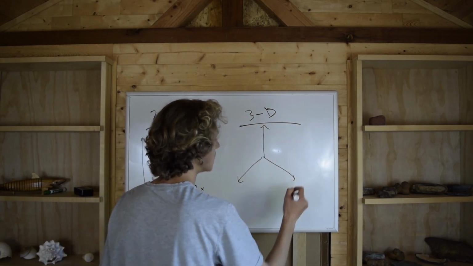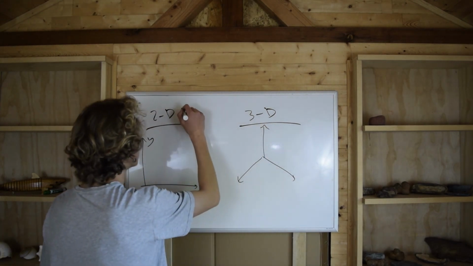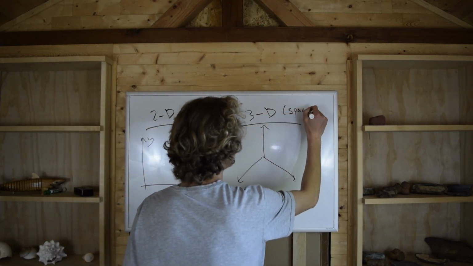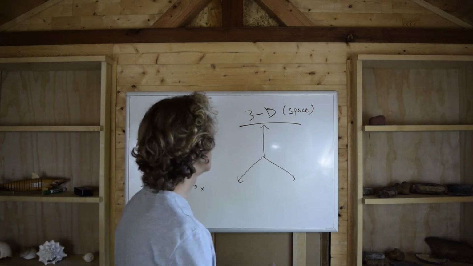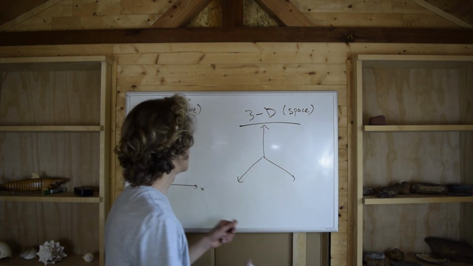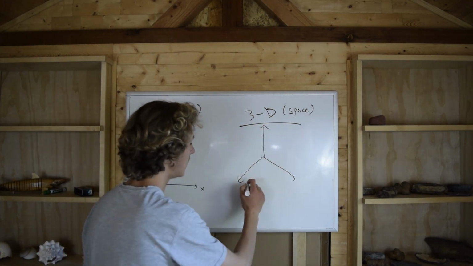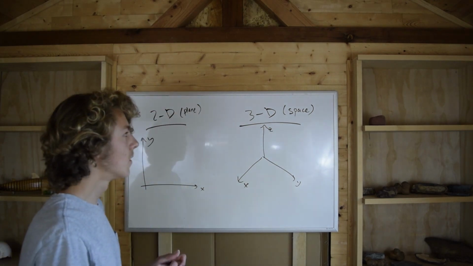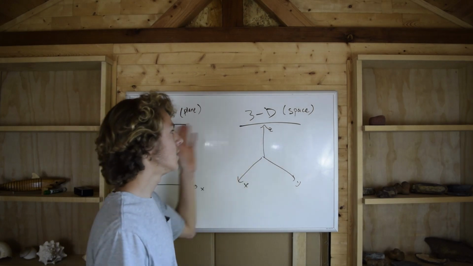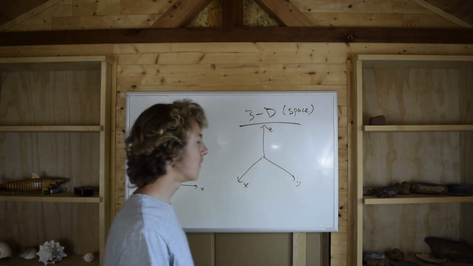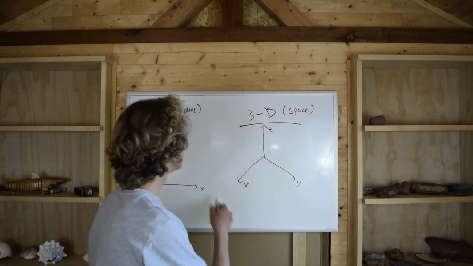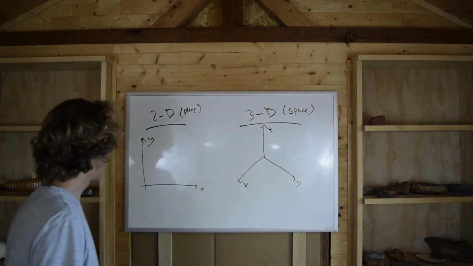Notice how I'm using the words plane and space, because these are very common terms that are used to describe both 2D and 3D. Here's x, y, and z. These terms will be very relevant in future lectures, as I'm going to be referring to different kinds of theorems and different properties using the words plane and space.